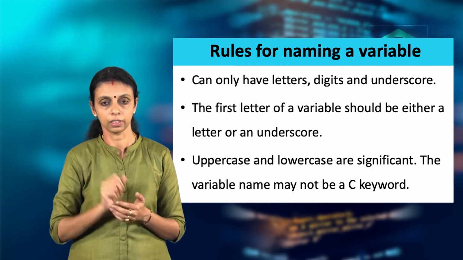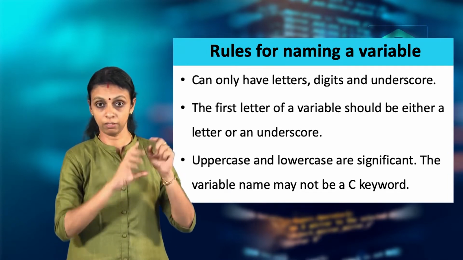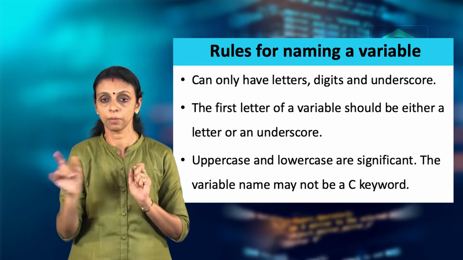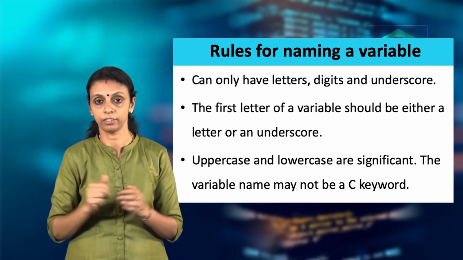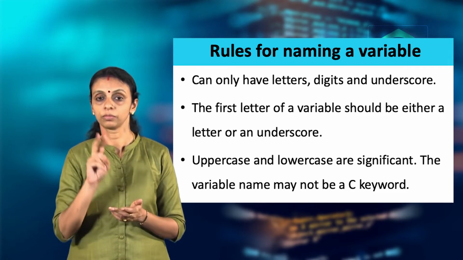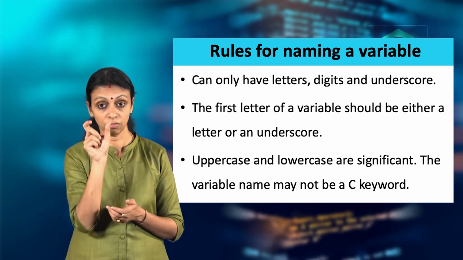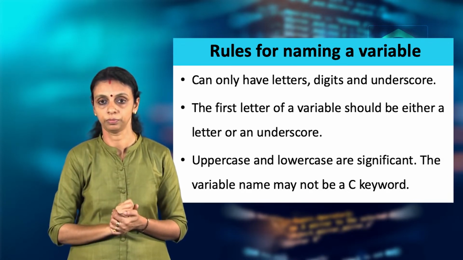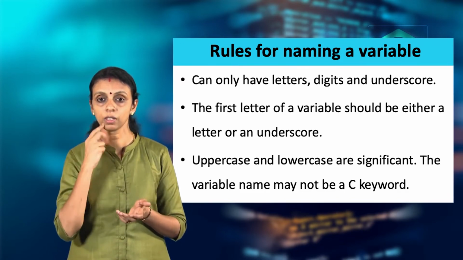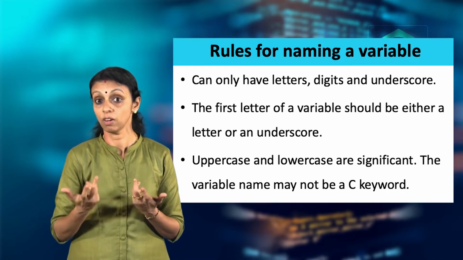That is, the variables Amt, amt and AMT are not the same. The variable name may not be a C keyword. For example, you cannot use int as a variable name because it is a keyword.